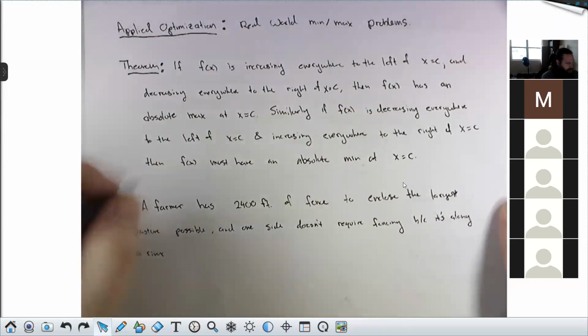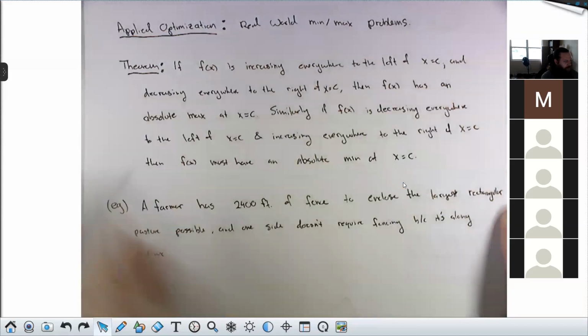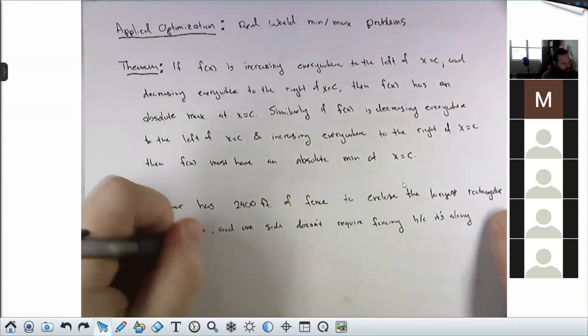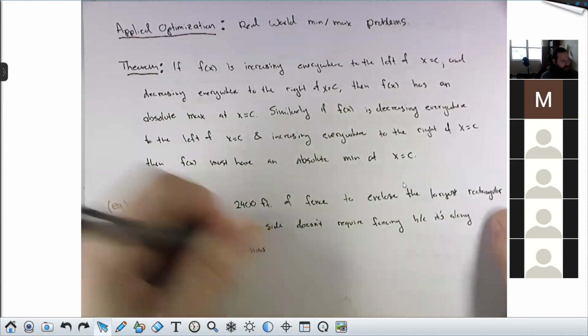And I should say the largest rectangular pasture possible. On one side doesn't require fence because it's along the river. What dimensions do this?